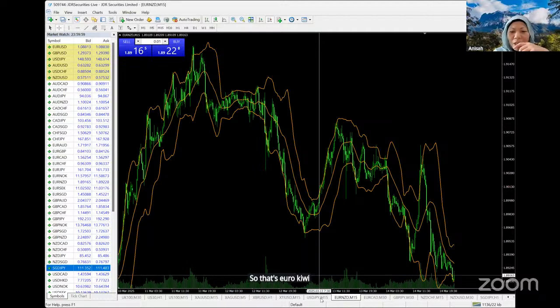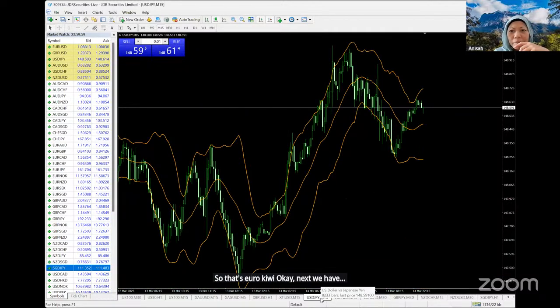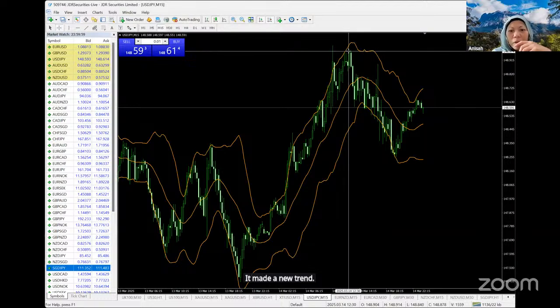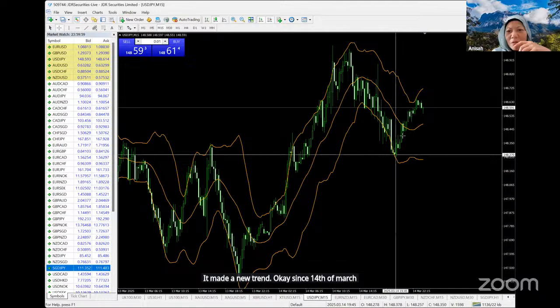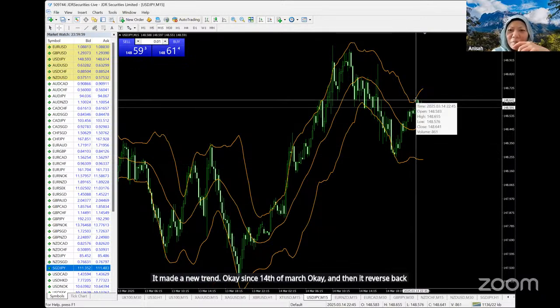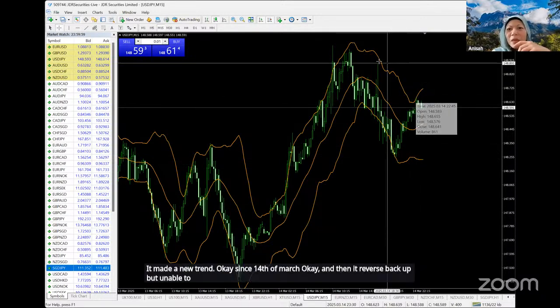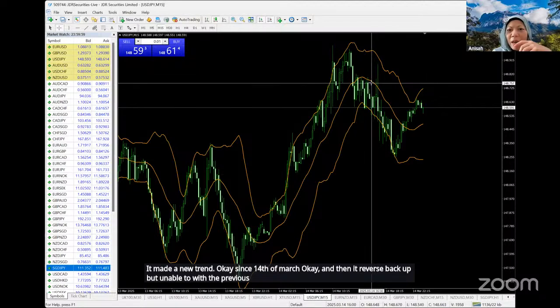Next we have dollar against yen. It made a new trend since 14th of March, and then it reversed back up, but was unable to beat the previous high of 148.757.